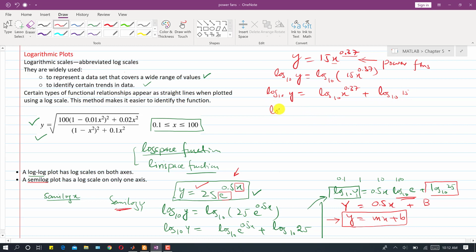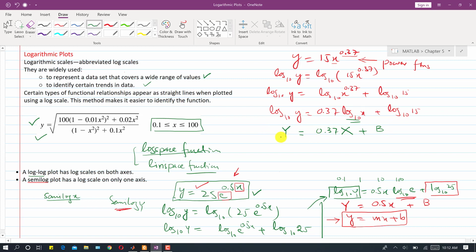Let's suppose I represent this log to the base 10 of y by capital Y, so this will be capital Y equals 0.37, and let's suppose this is capital X. And this is a constant value, that is capital B.